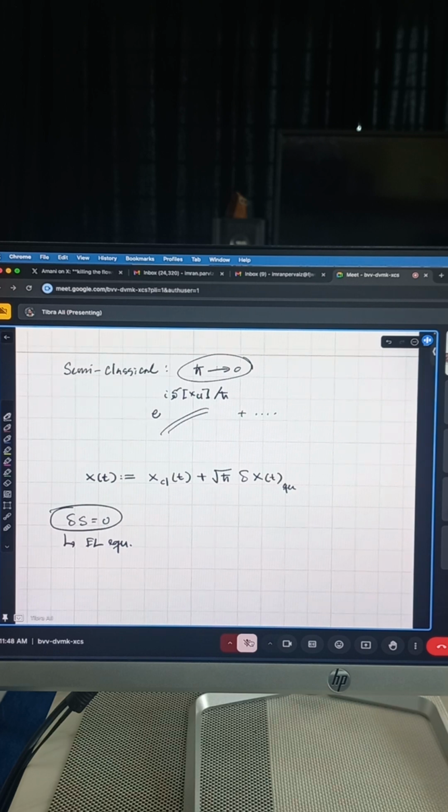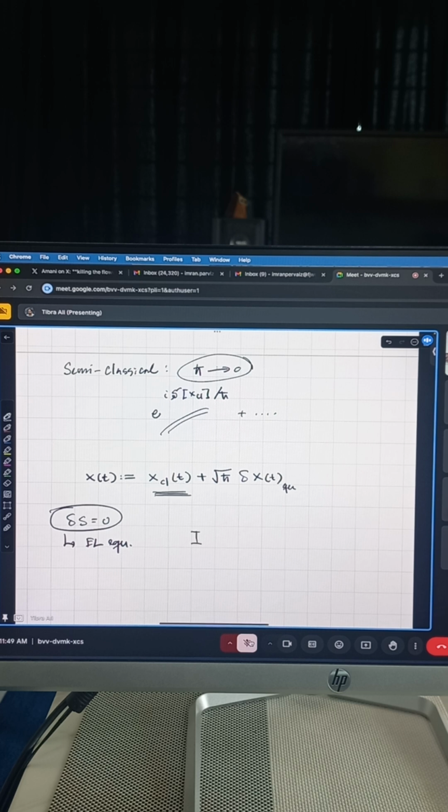Now the thing is that essentially what we are doing is that we are expanding our integral around some given path. So the analogy is that we are shifting our variable.